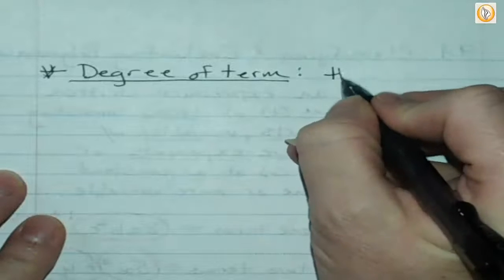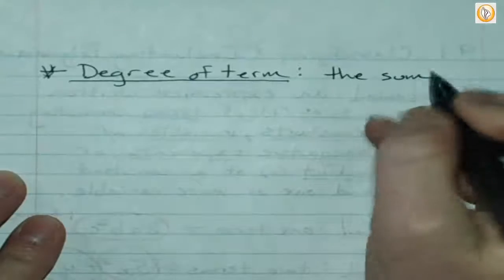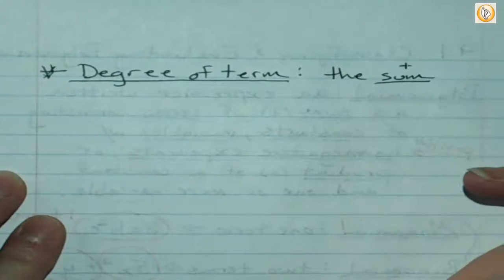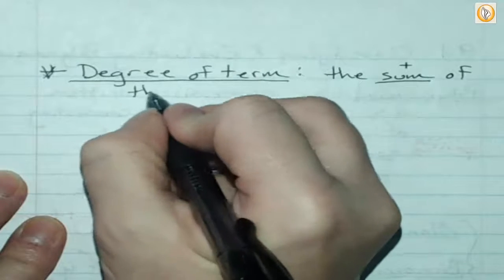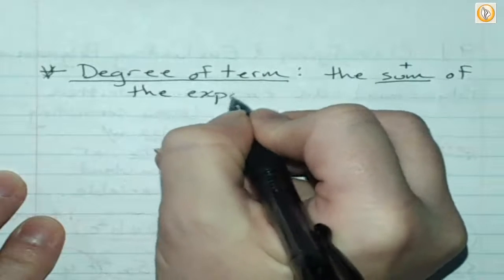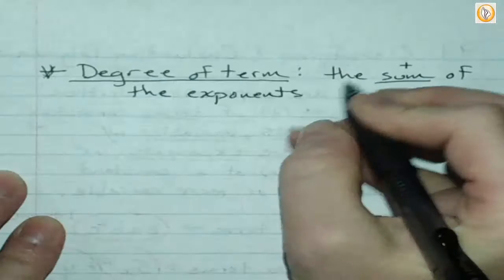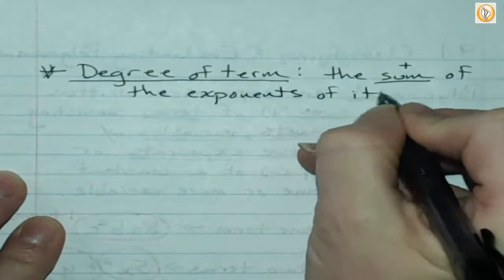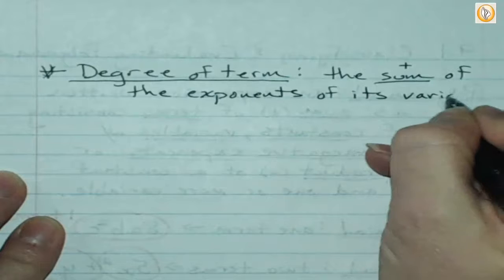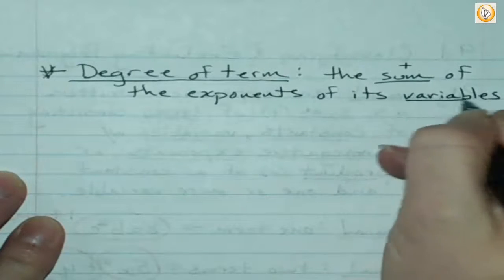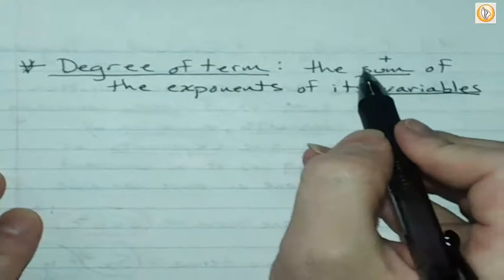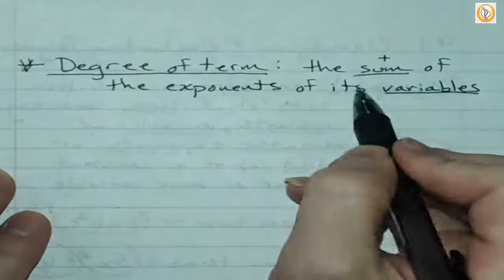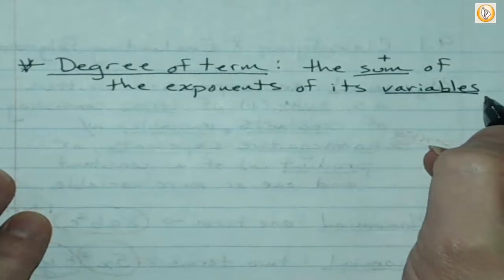The degree of the term is the sum, remember that's adding, of the exponents of its variables. So the degree of the term is the sum of the exponents of its variables. And I'm just noticing there should be a period there.